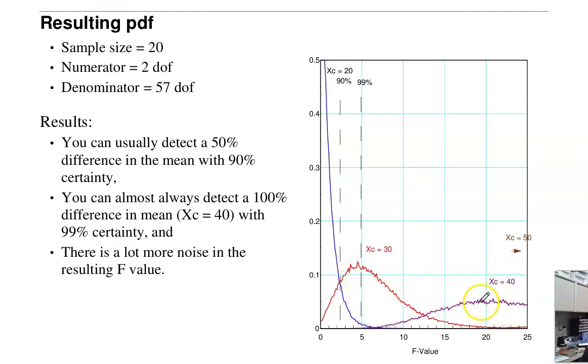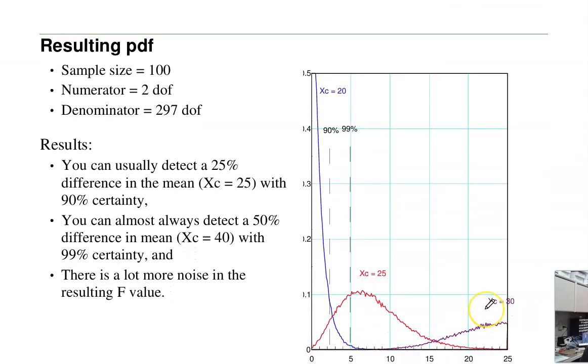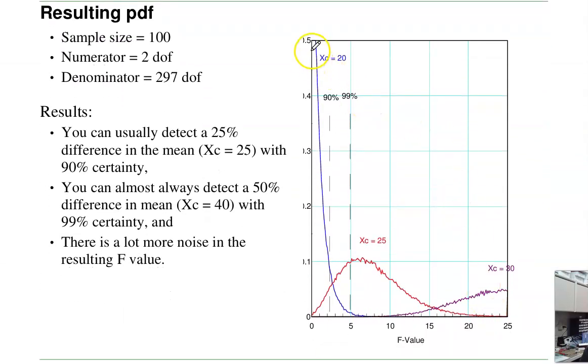If the mean of C is 40, it pretty much always detects it. If the sample size is 100, then with the two means being the same, it actually fails fairly often at 90% confidence level, not so much at 99%. If the mean of C is 25, it usually picks it up at 90% confidence, most of the time at 99. Mean of C of 30, it almost always picks it up.